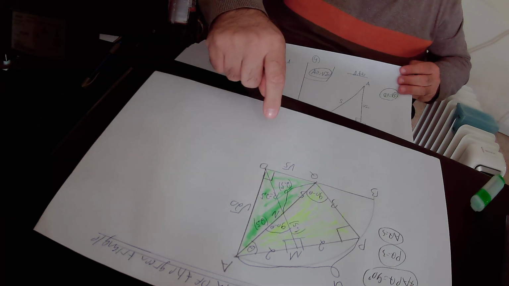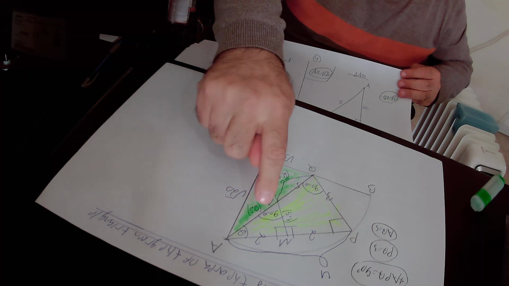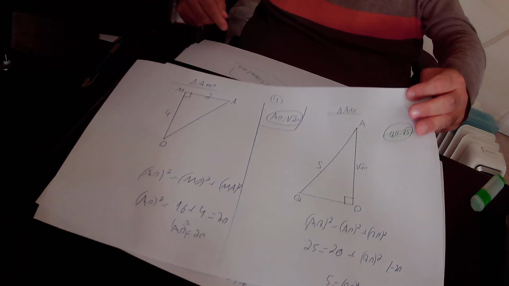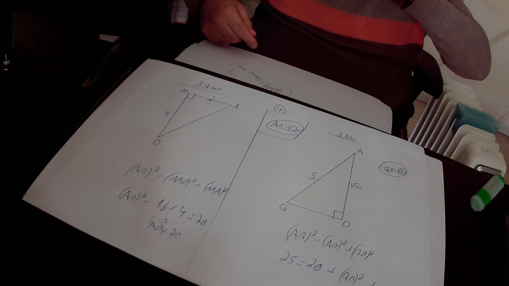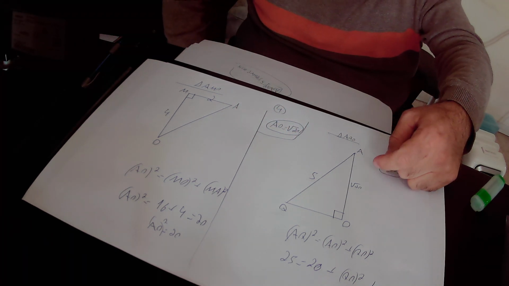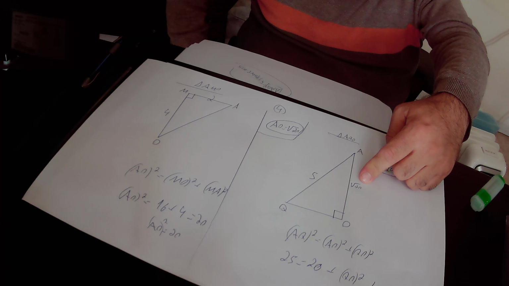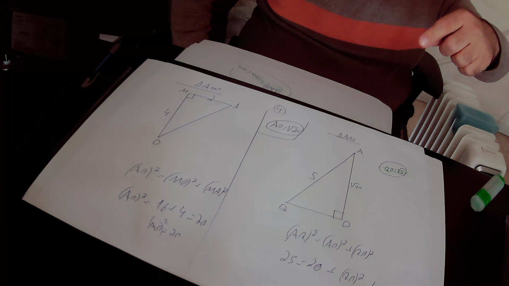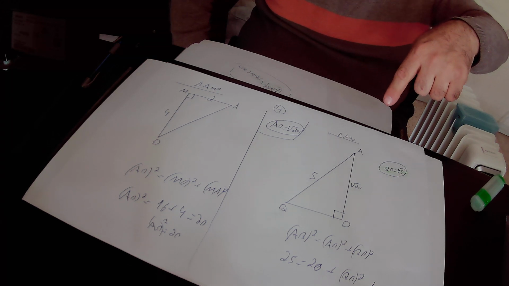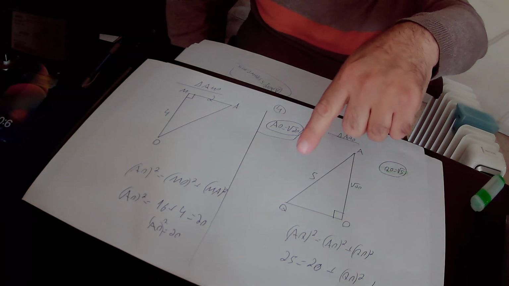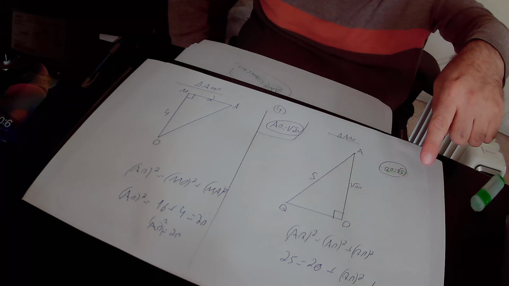Then we implemented the Pythagoras theorem on the right green triangle AOQ. I call it the right green triangle AOQ in this new page. AQ equals 5 units according to what is given. AO equals the square root of 20 units according to what we have already found. According to the Pythagoras theorem, AQ square equals AO square plus QO square.